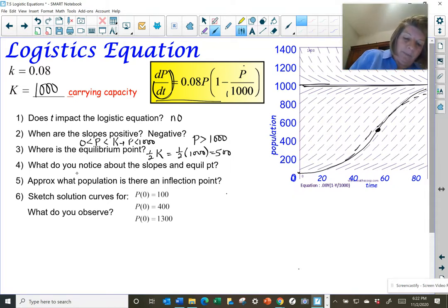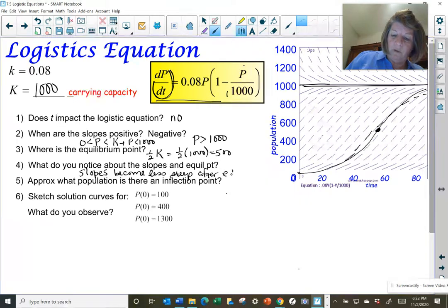So slopes become less steep, or less positive would be a good phrase to use. Less positive after the equilibrium point.